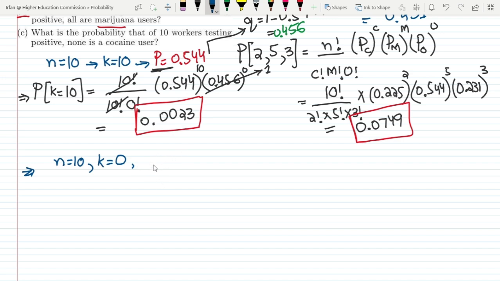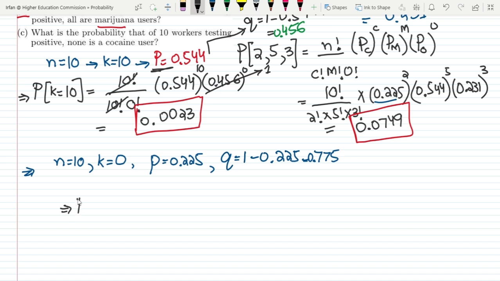The probability of the cocaine users is 0.225, and not cocaine users would be q. So it would be 1 minus 0.225, which would be 0.775.